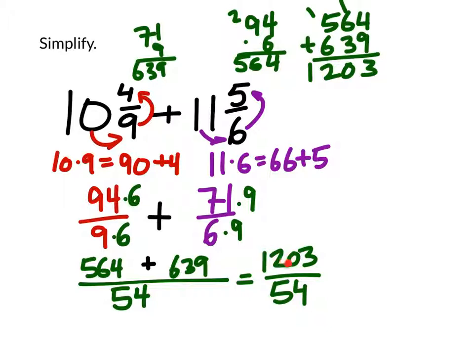Because 1 plus 2 plus 0 plus 3 is 6, which is divisible by 3, and 5 plus 4 is 9, which is also divisible by 3. So let's divide these by 3 and see what we get.